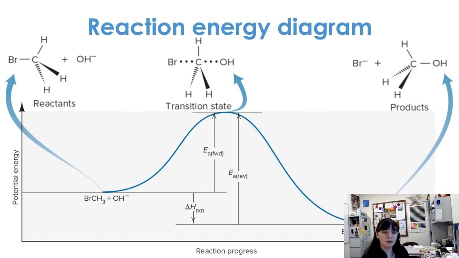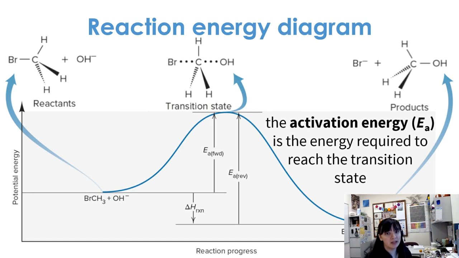On the left, we begin with our reactants. On the right, we end with our products. And you can see following this curve here that in the middle, that's where our transition state is. And that middle section has a much higher energy associated with it. It kind of resembles a hill, this big bump there. It's the peak of that hill where our transition state lies.